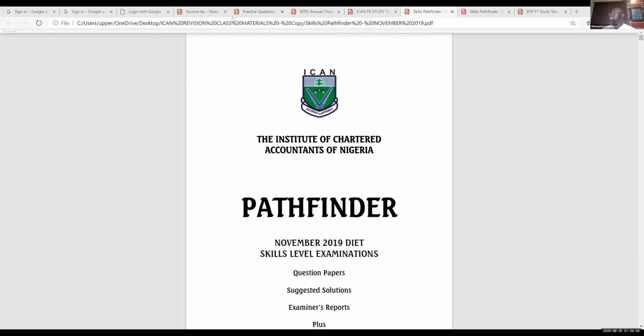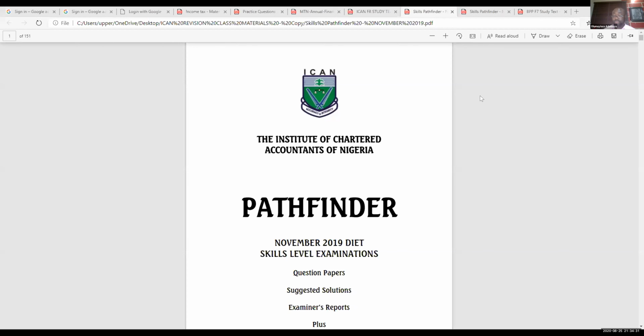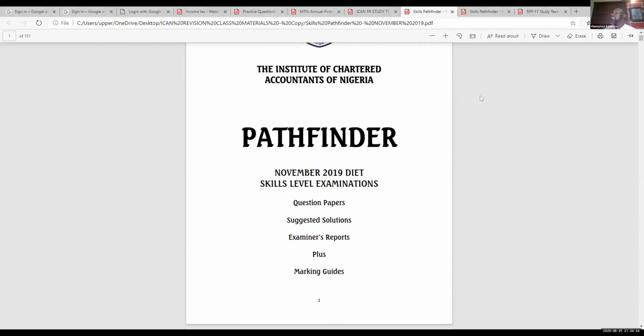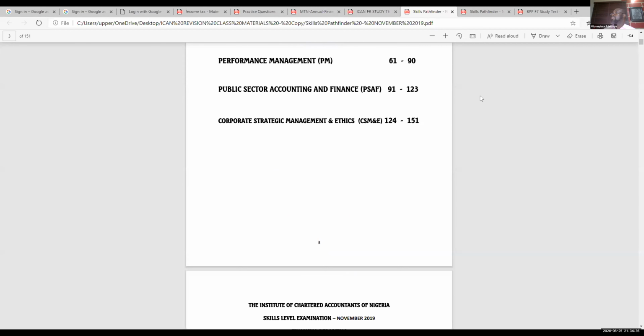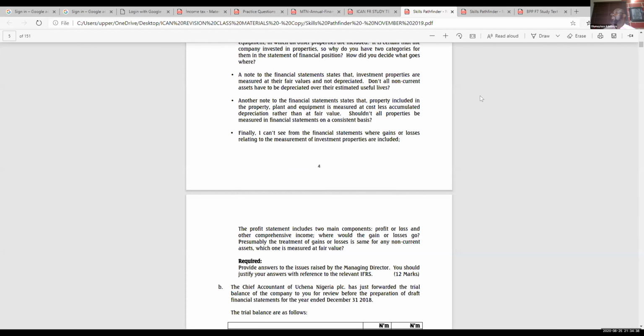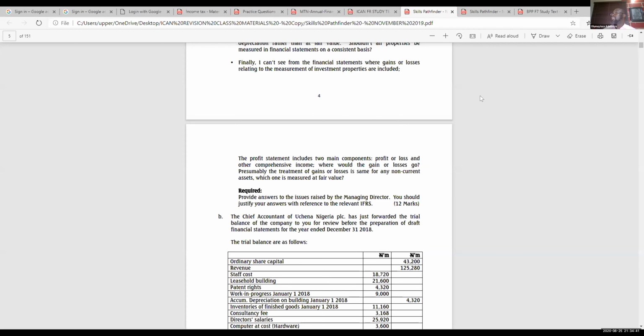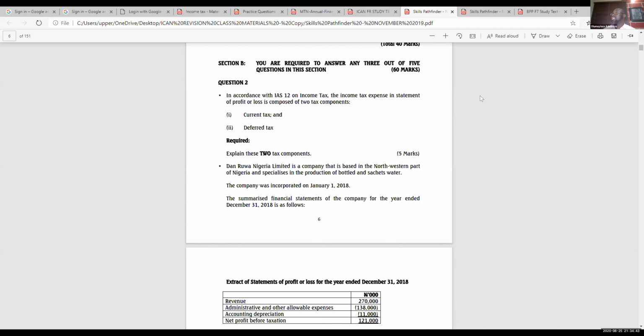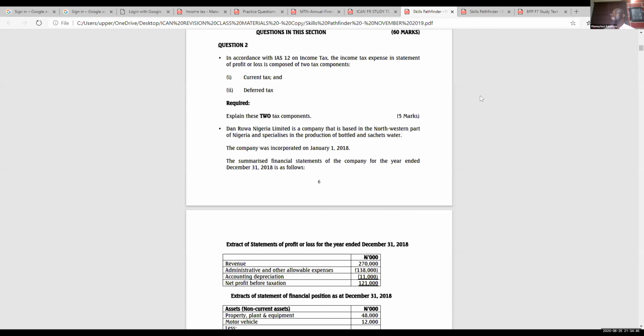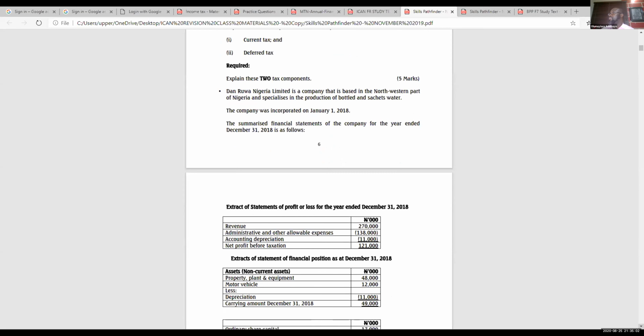Now, this is a question. The first question, I'll not require you to answer because we've discussed it and you can answer it at your own leisure hours. We talked about you explaining the different components of income tax, current and deferred tax. But what I want you to attempt is this second one.